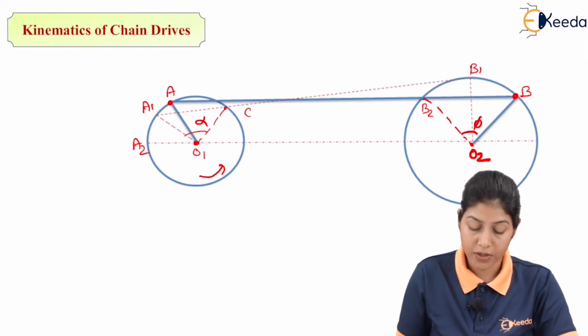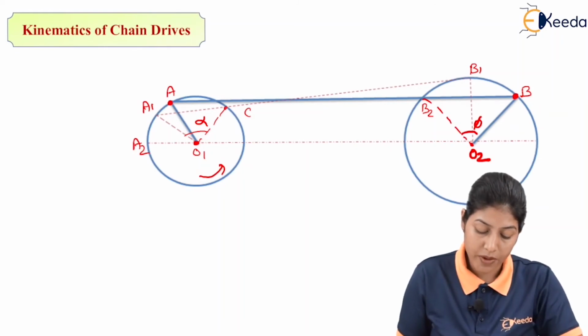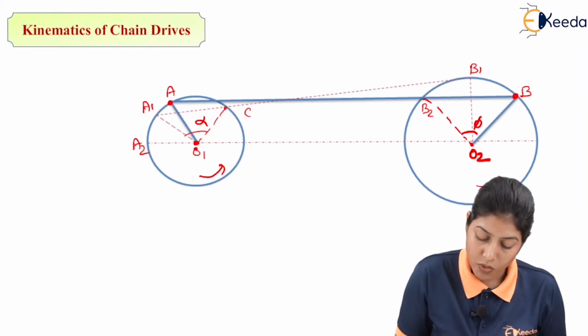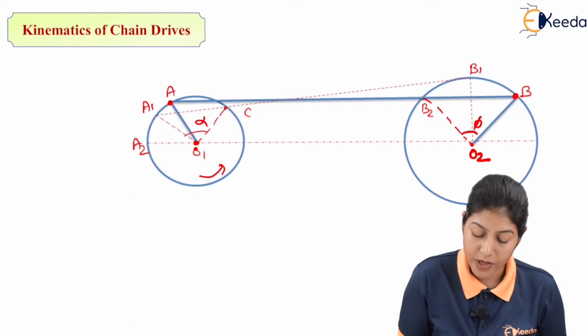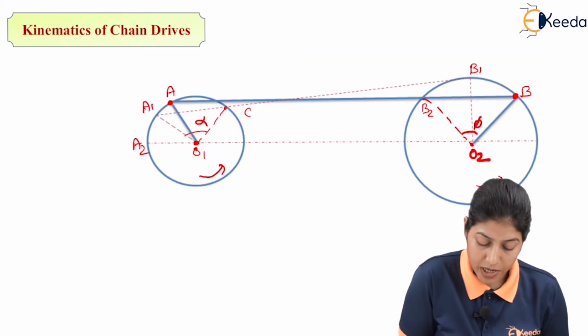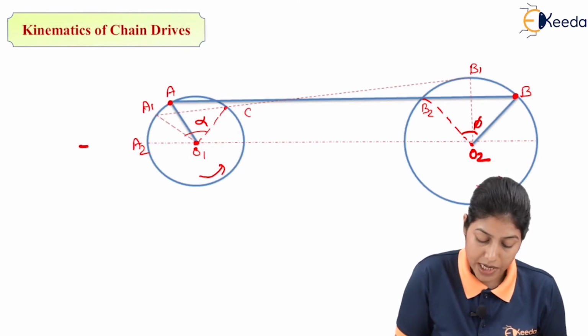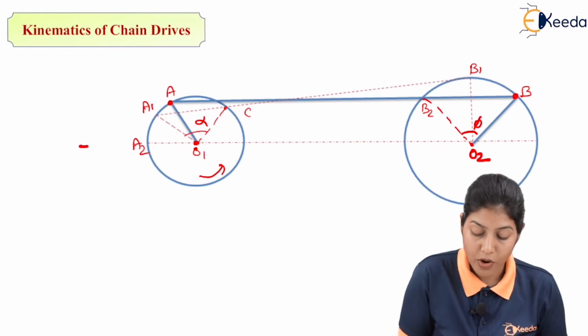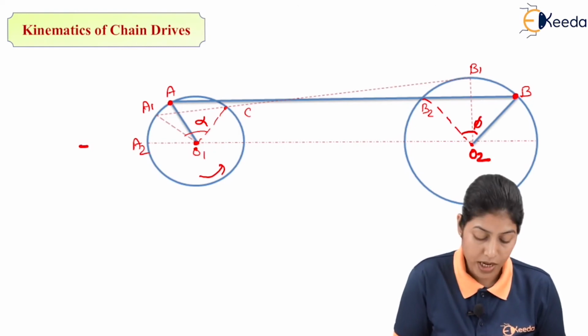For the first mechanism, O1 and O2 are the fixed points. We will extend this line in both directions and we will extend the line AB in both directions, and the point at which these two lines intersect is considered the instantaneous center.